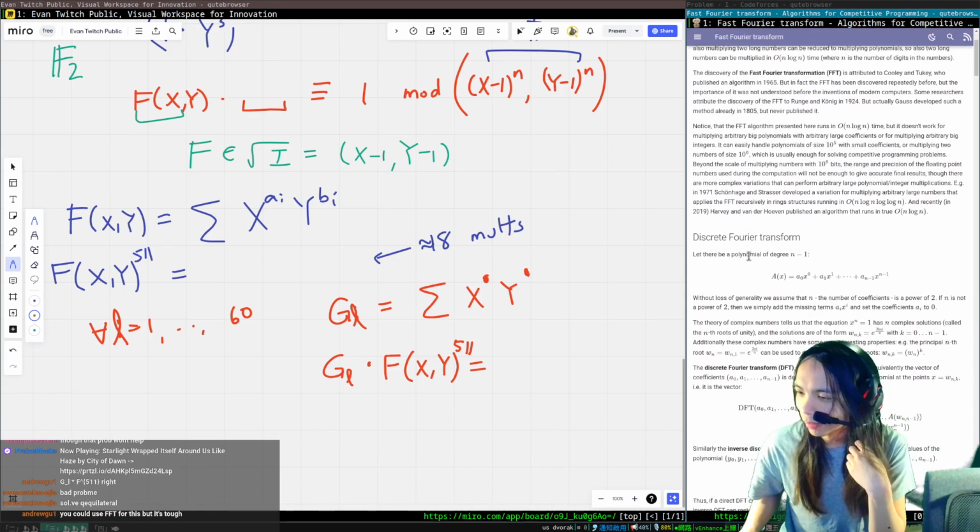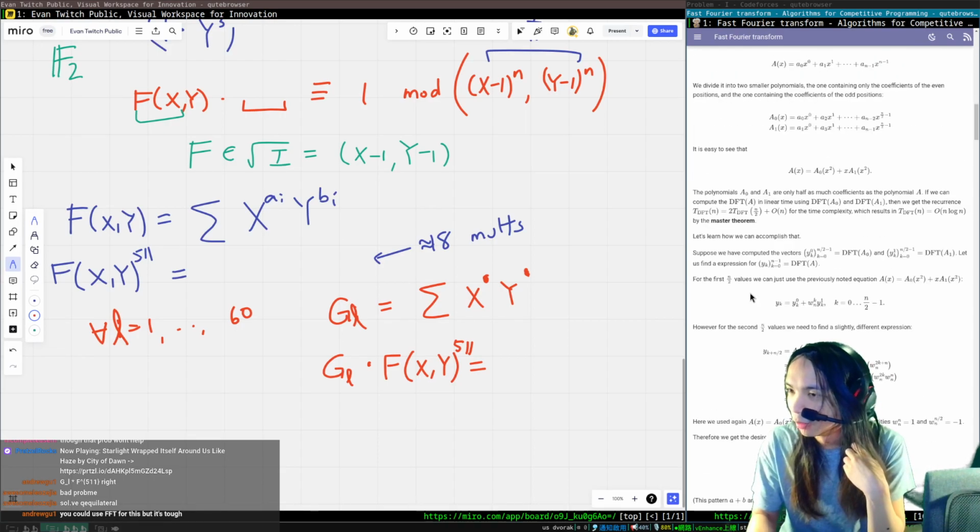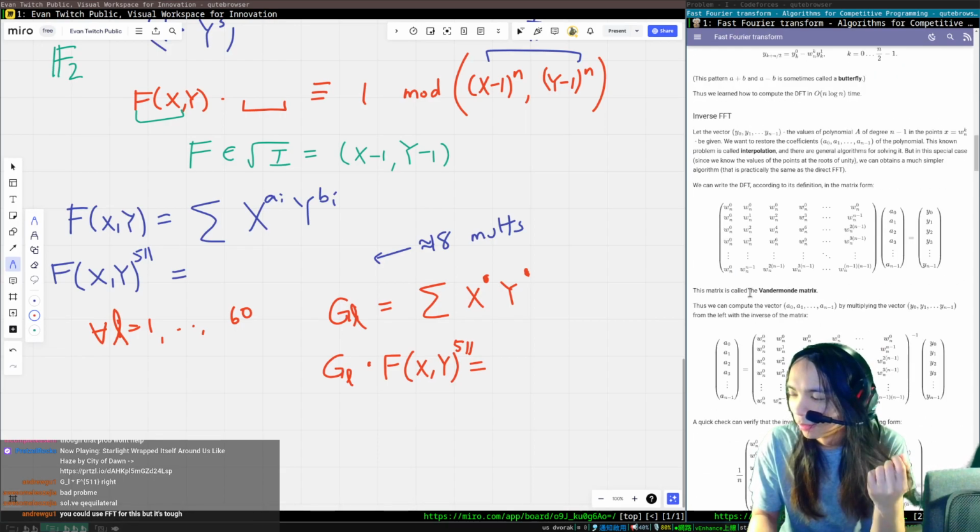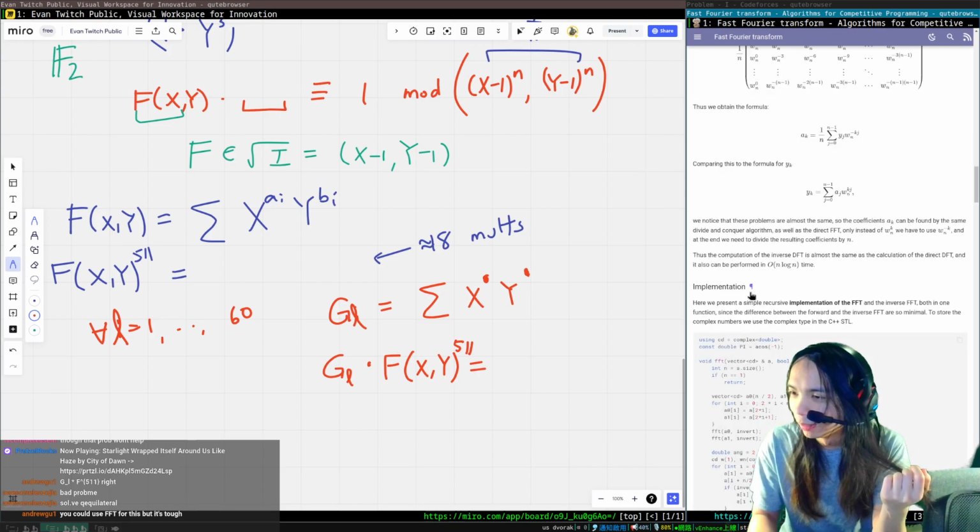Right, I guess the whole point of this is that it lets me multiply two polynomials rapidly, right?